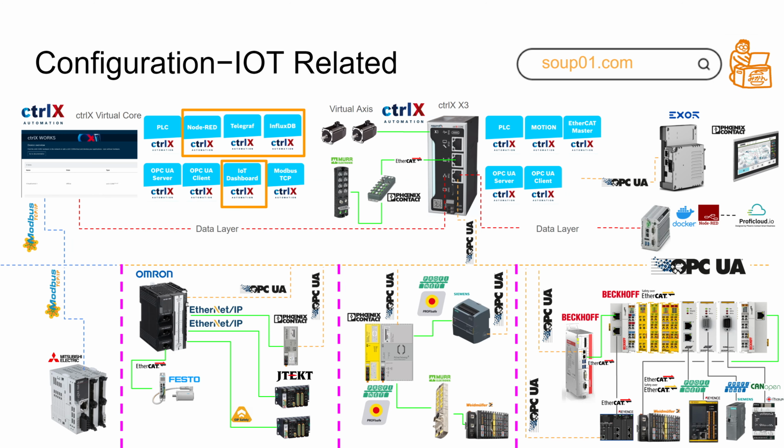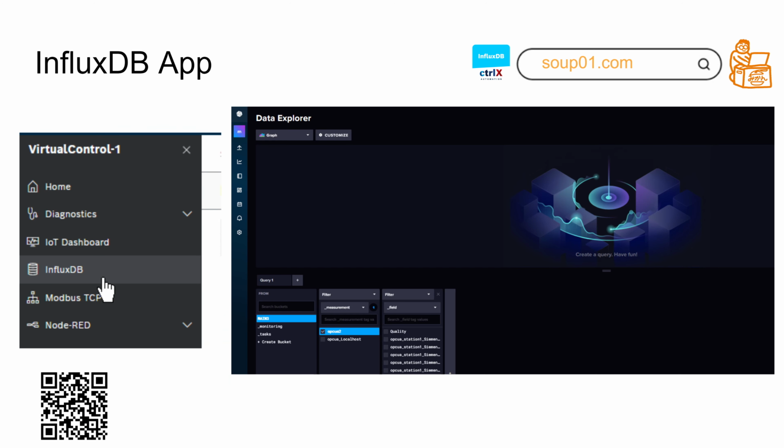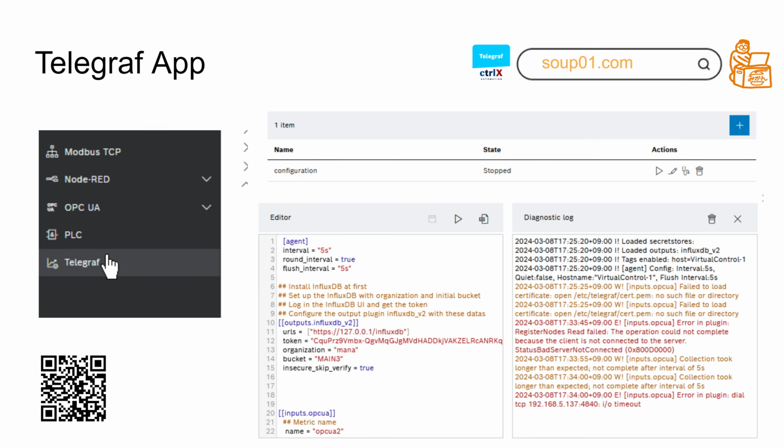So for the IoT related, I use Node-RED, Telegraf, InfluxDB, and IoT dashboard. For the InfluxDB, nothing special. It's just what you used for InfluxDB before. For the Telegraf app, there are also no special things, but a great feature that I think ctrlX provides for you is an editor, and they have dynamic logs.